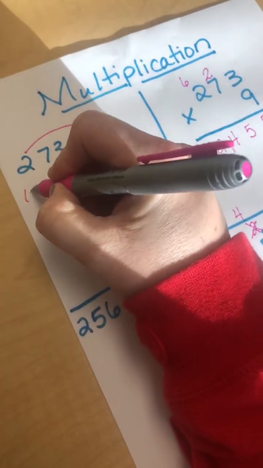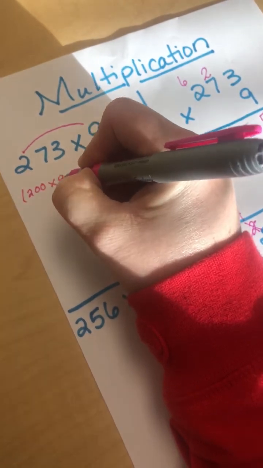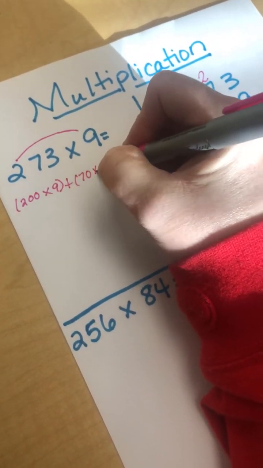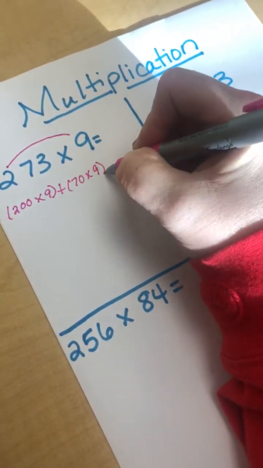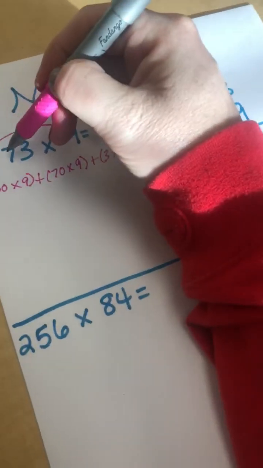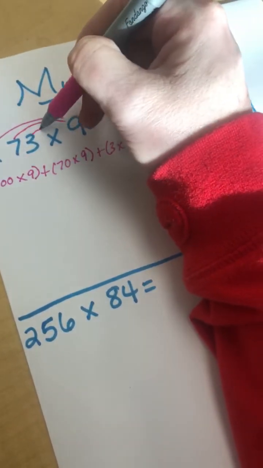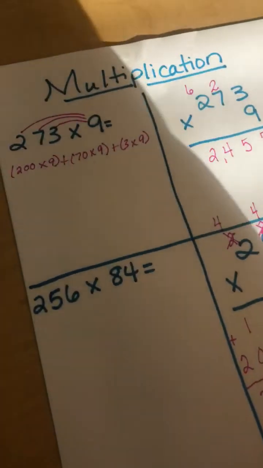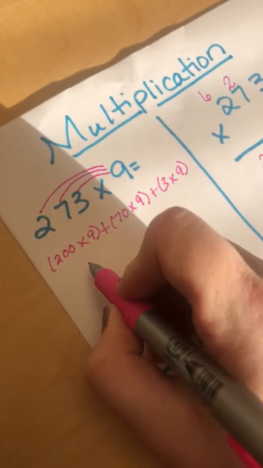So the students, in essence, are going to multiply 200 times 9 plus 70 times 9 plus 3 times 9. And that is basically what they are doing when they solve it this way too. It's the same thing. It's just easier for the kids.